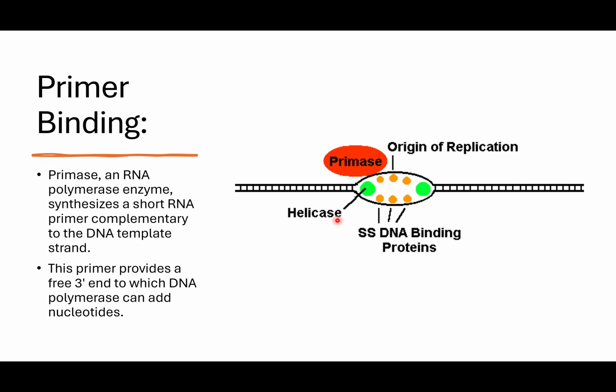Primase, an RNA polymerase enzyme, will synthesize a short RNA primer complementary to the DNA template strand. This primer provides a free 3' end to which DNA polymerase can add nucleotides. So we're starting off the polymerase using primase, adding that 3' primer, that free 3' end primer for the polymerase to pick up on.